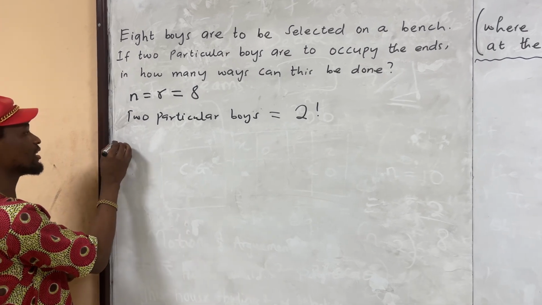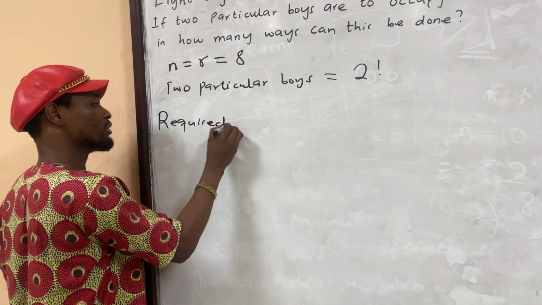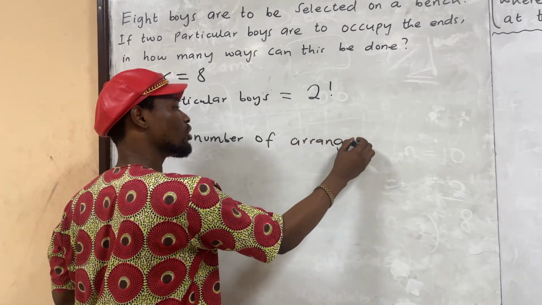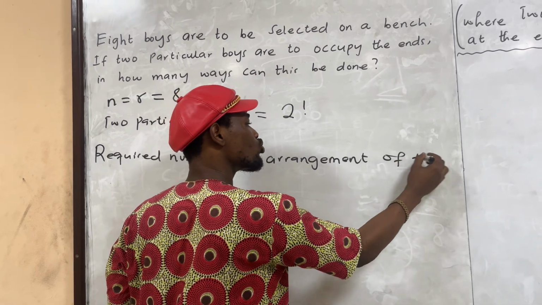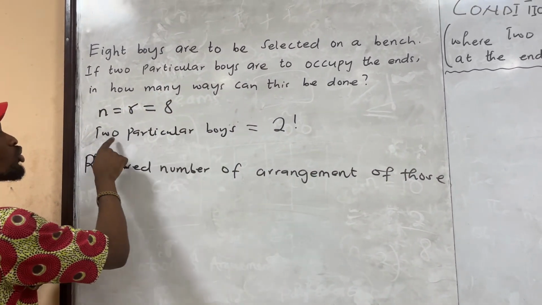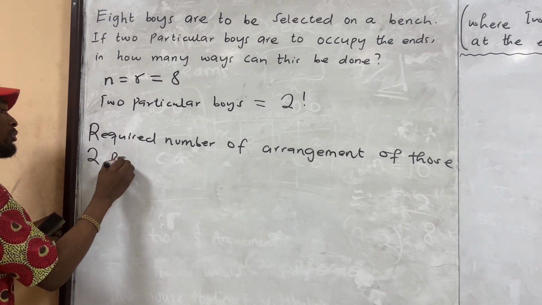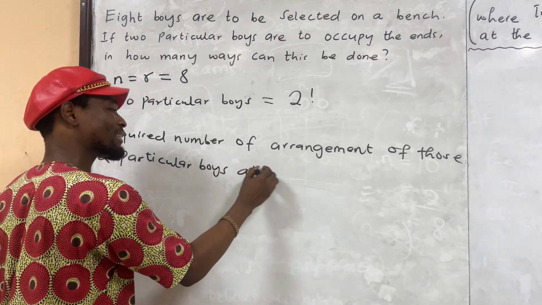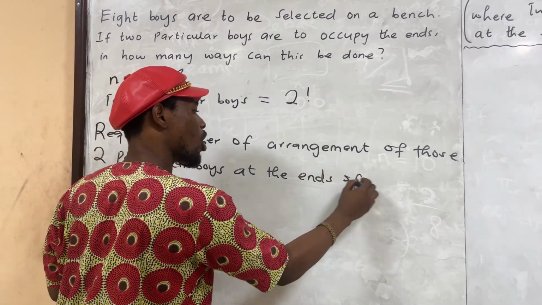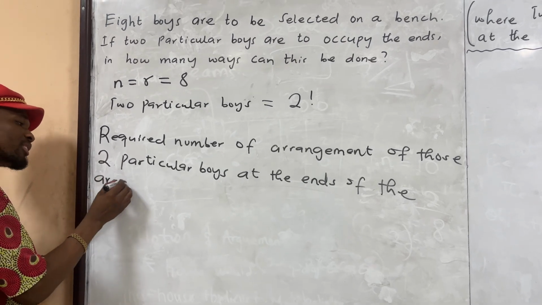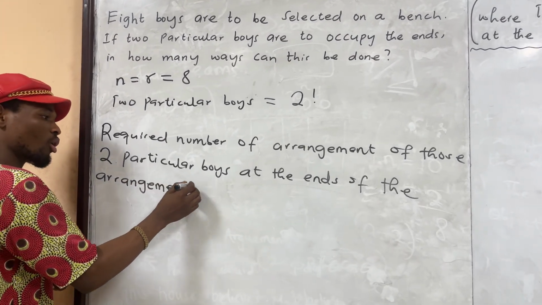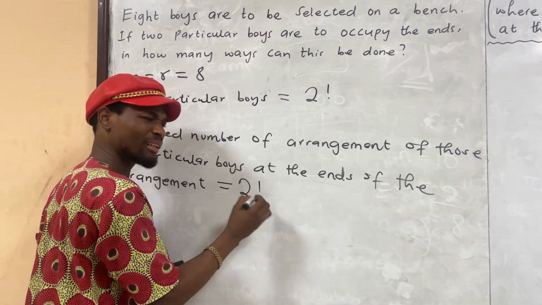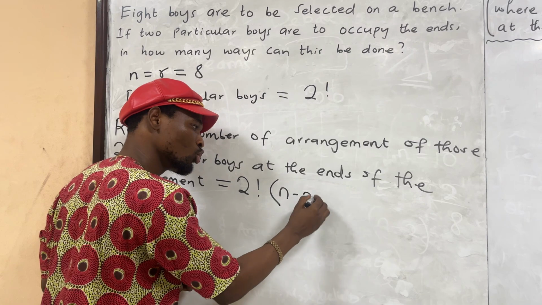So we know that the required number of arrangements of those 2 particular boys at the ends of the arrangement, viewers, don't be lazy to write this statement, is given by 2 factorial multiplying n minus 2 all factorial.